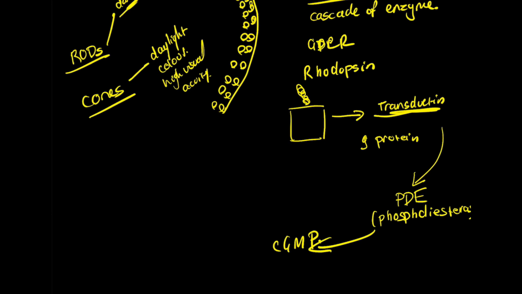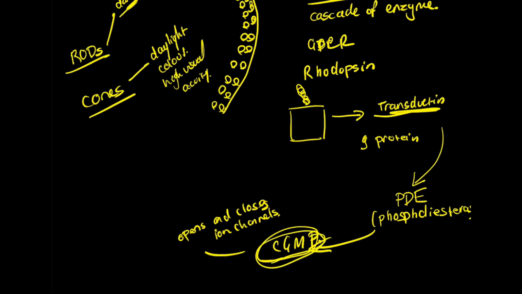Cyclic GMP is really what opens and closes the ion channels. So in the dark, there's lots of cGMP, so there are lots of channels open, and hence there's going to be lots of depolarization and action potentials, which go on into the nerves.